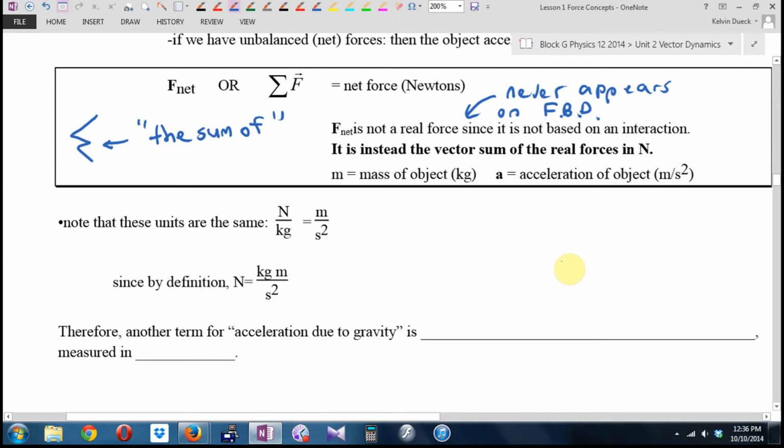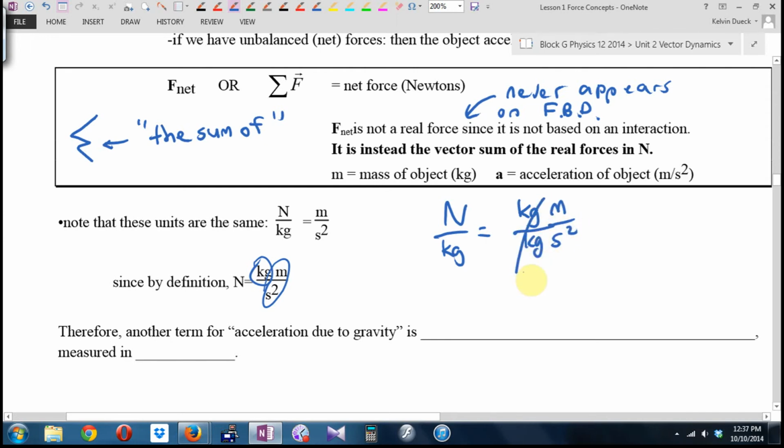Little note, by the way, newtons per kilogram is the same as meters per second squared, which is why the acceleration due to gravity is 9.8 meters per second squared, and the gravitational field strength is 9.8 newtons per kilogram. As a proof, 1 Newton is mass times acceleration, so 1 Newton per kilogram is mass times acceleration divided by kilogram.